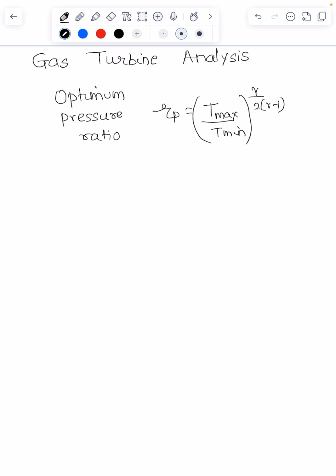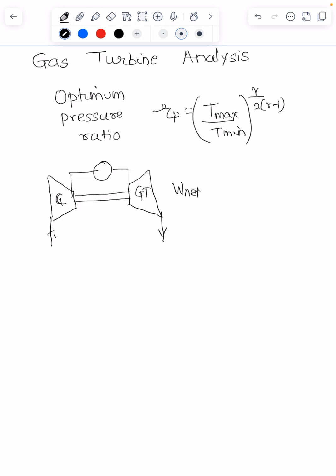We know that in a gas turbine power plant, this is a compressor, this is a combustion chamber, we have a gas turbine. Because some of the work is consumed by the compressor, the net output of a gas turbine power plant is the turbine work minus the compressor work, right?